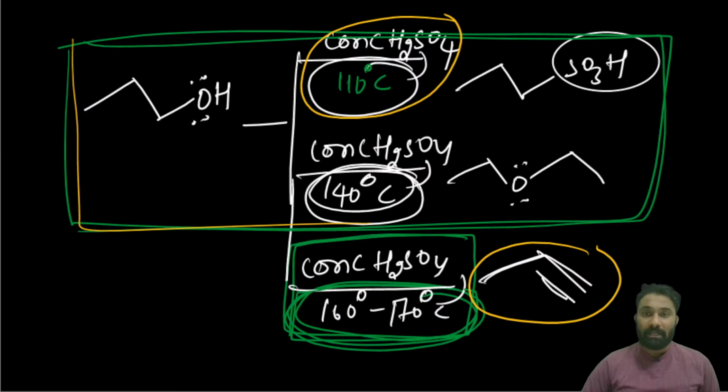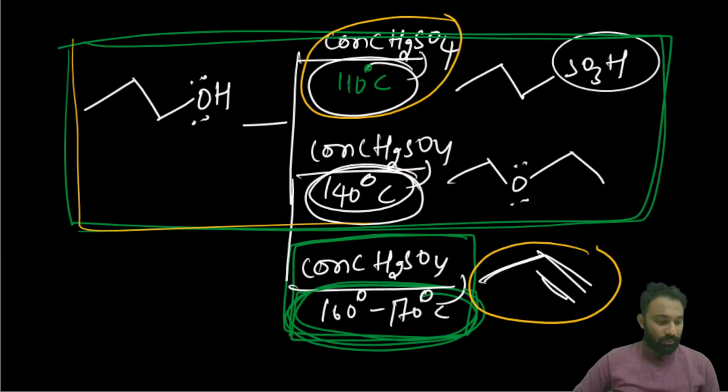What is the intermediate present in that reaction? In dehydration of the alcohol, what is the intermediate present?